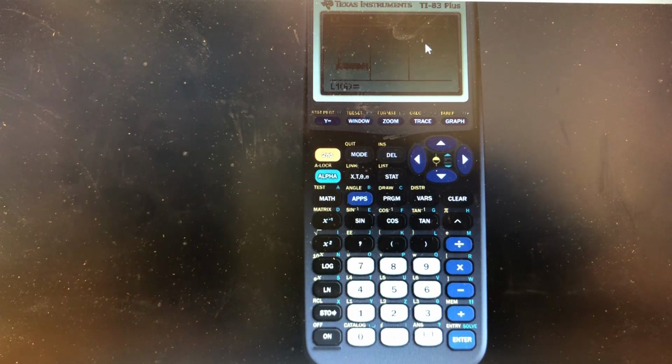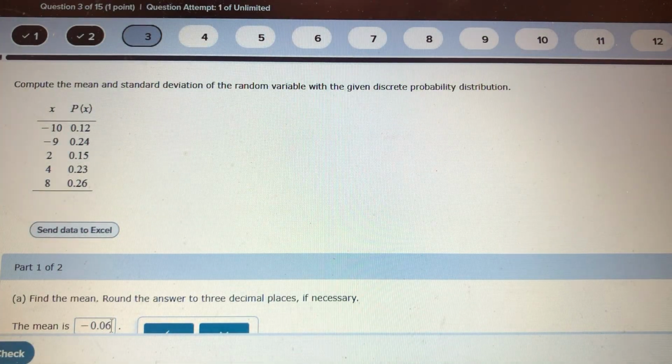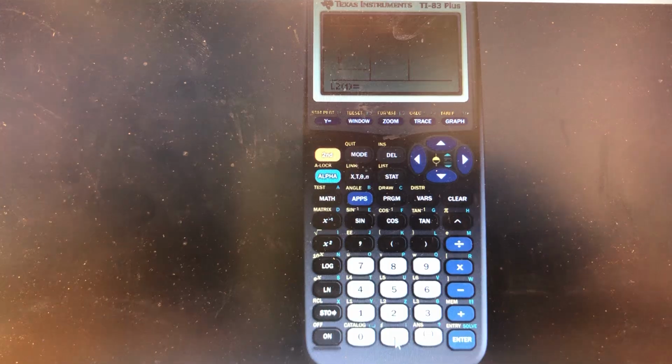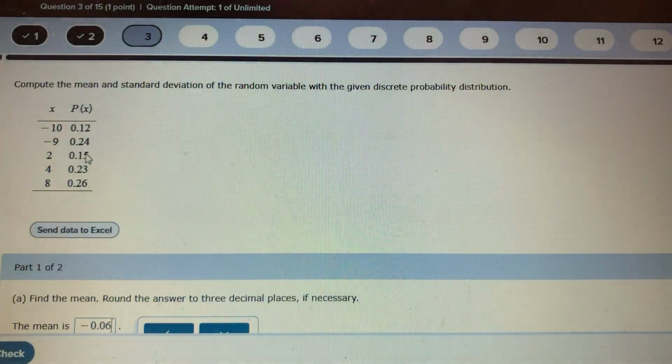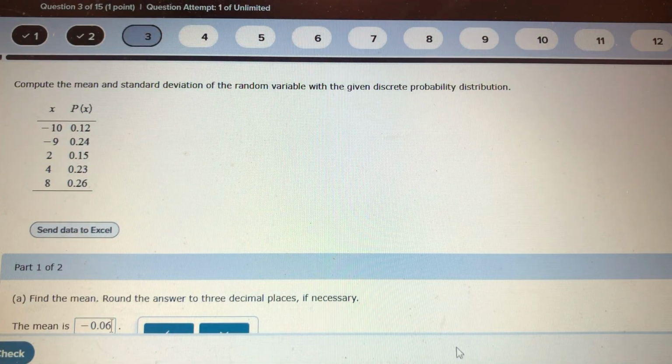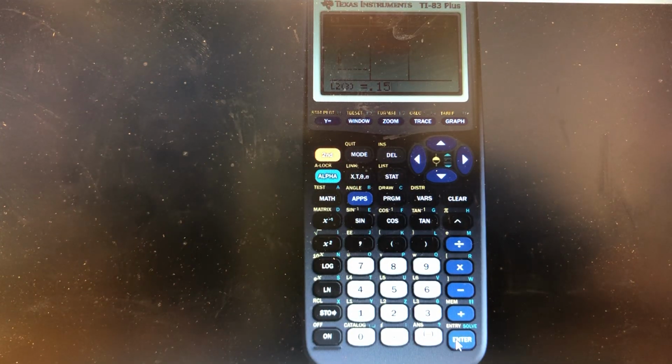Then you go over to L2 and put the probabilities: 0.12, 0.24, 0.15, 0.23, and 0.26.